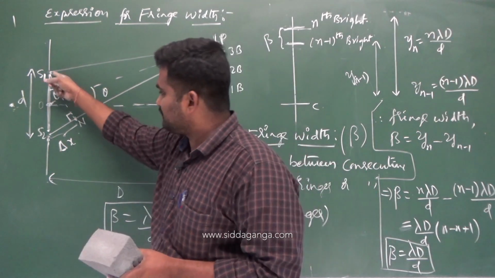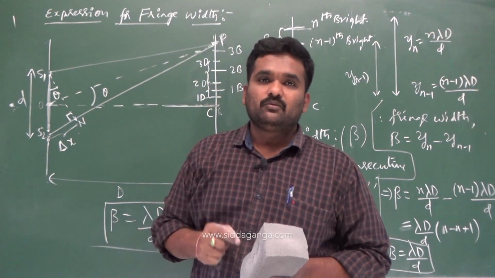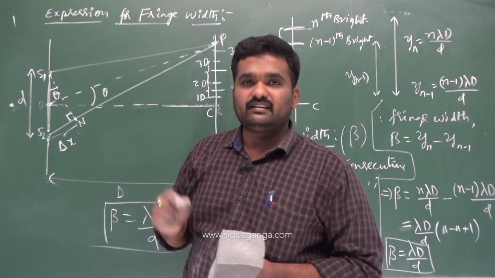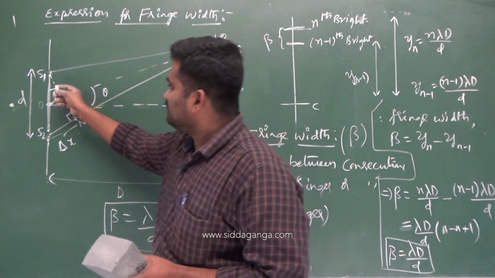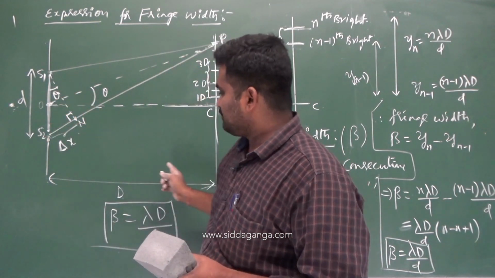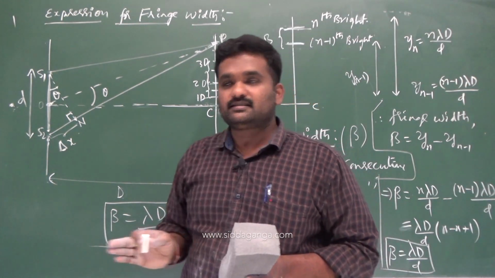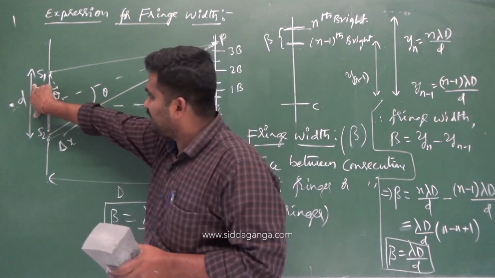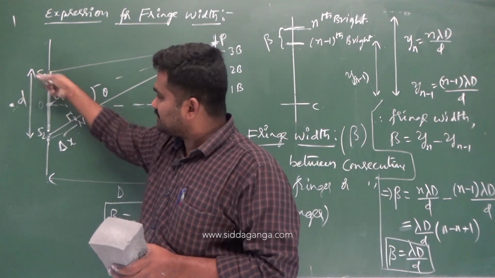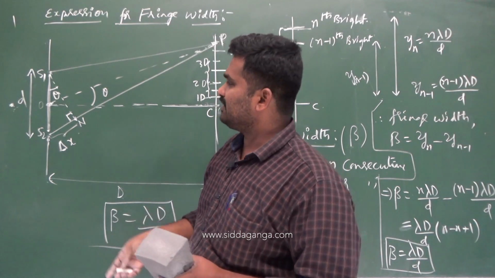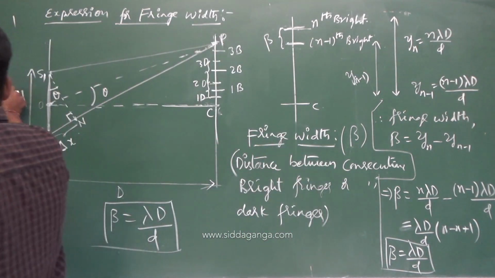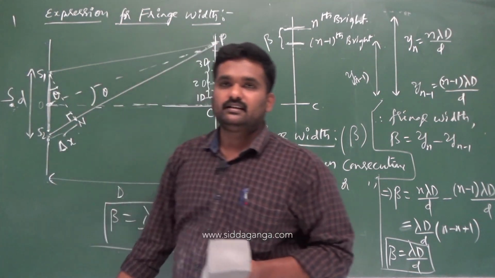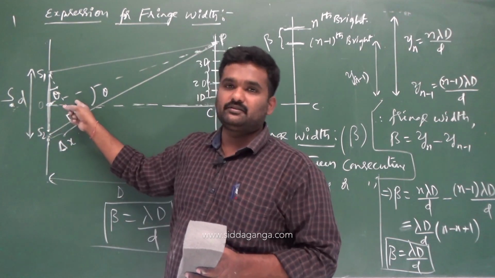The slits of this cardboard act as virtual sources which are coherent in nature. Then let us consider a screen at a distance of capital D from the slits. Let small d be the distance between the slits. Let lambda be the wavelength of light used.